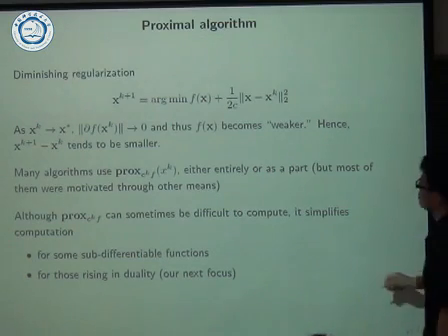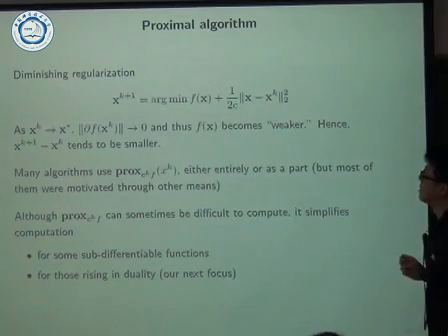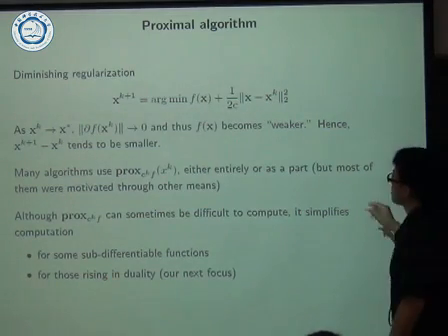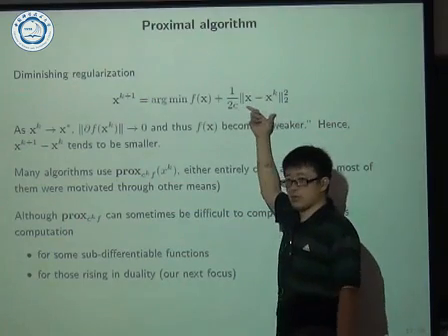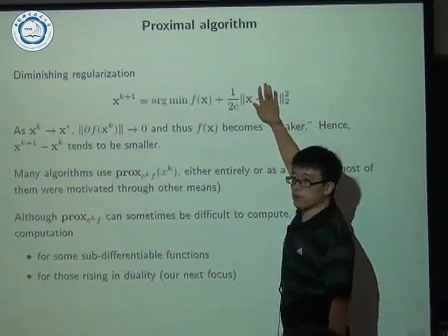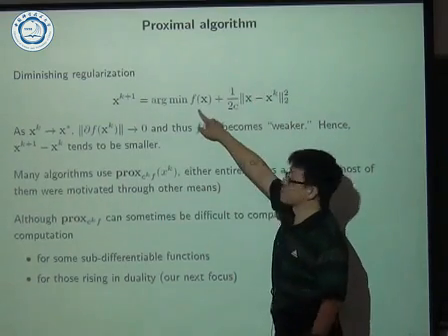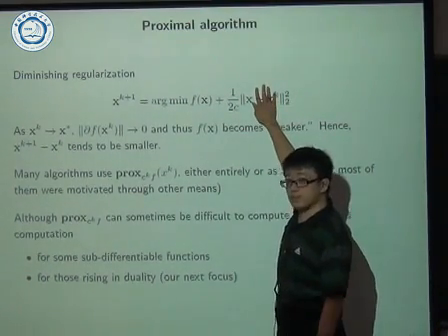So you minimize over x of this. What I claim it does is the following. I'm going to apply diminishing regularization. This is something called a regularization. If you minimize f plus just the norm squared of x, you're adding a quadratic to the function. You're adding a regularization. You make it have a better property.